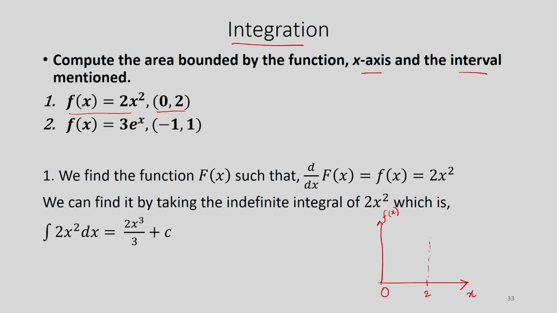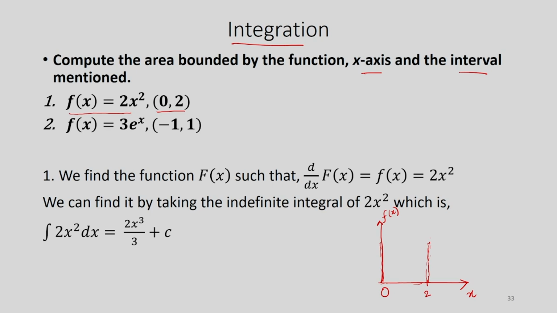Now, here is the x axis, here is the interval. So, just imagine two vertical lines at points x is equal to 0 and x is equal to 2. So, the three sides are known to us, the x axis, this vertical line and this vertical line, but what is bounding the area from above.